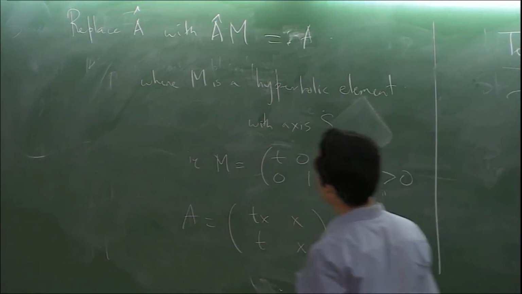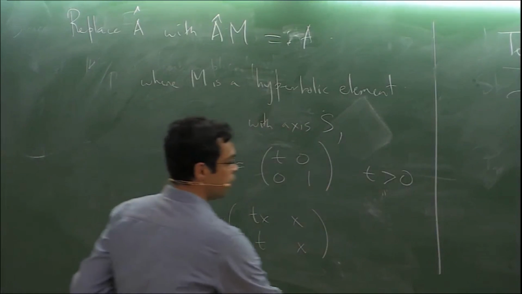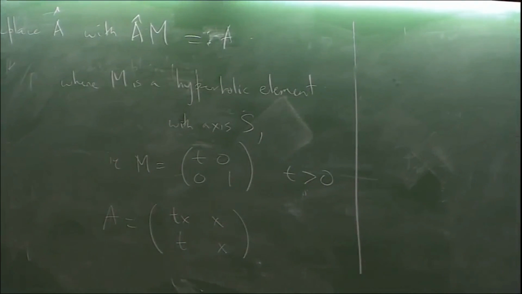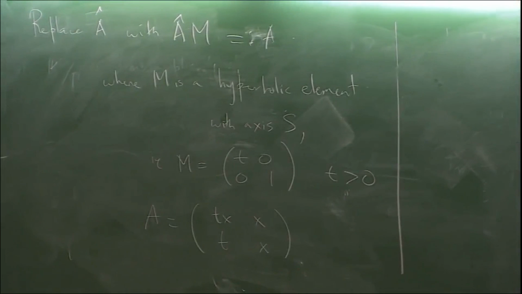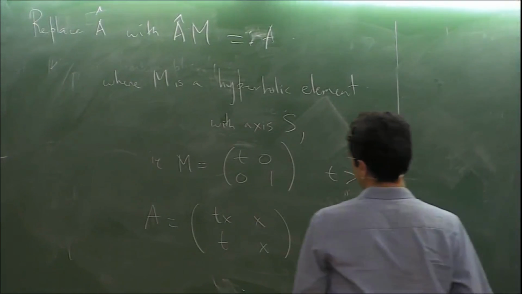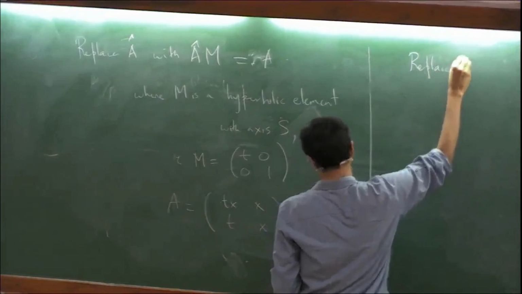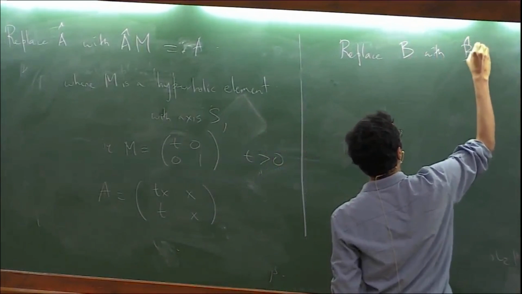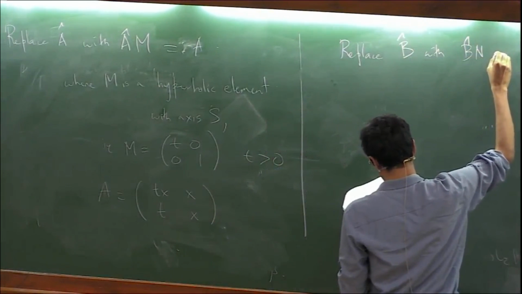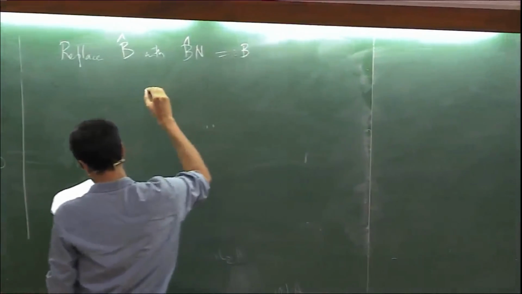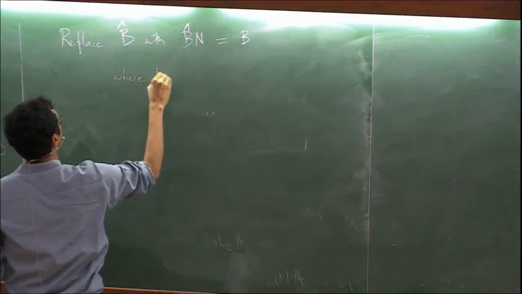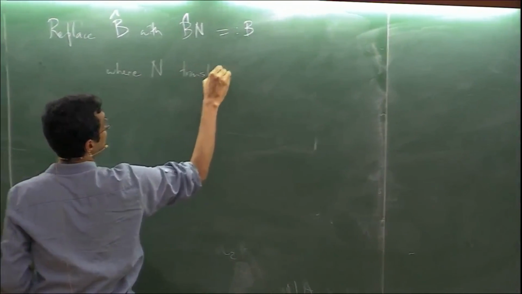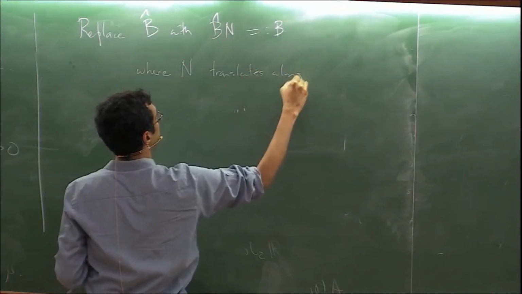And you replace B with B hat times N, which is my new B, where N translates along S2.